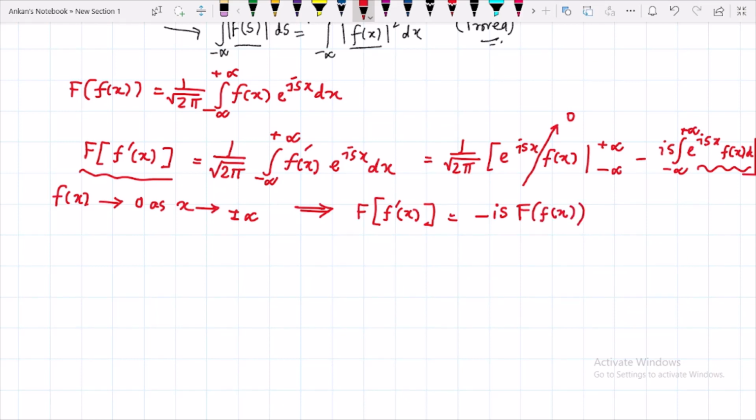Nothing more difficult. Likewise, you can find the double derivative, triple derivative, and so on. I want to generalize it, so I have considered the nth derivative of f(x), because it will help me to solve the differential equation.